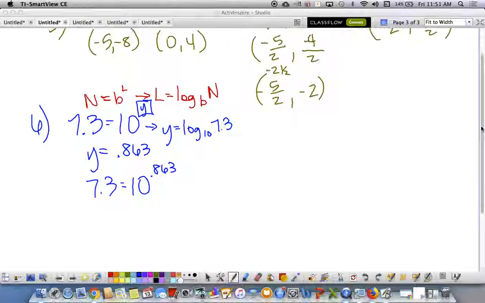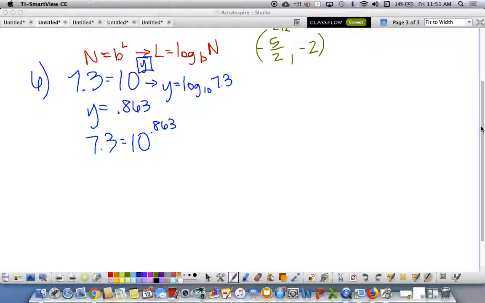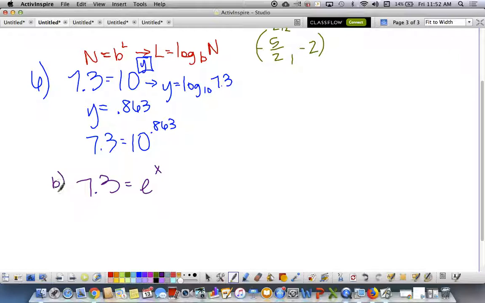That was A, this is B. So, could we do 7.3 equals e raised to what? To the x. So how can you solve for x? x equals log base e of 7.3.